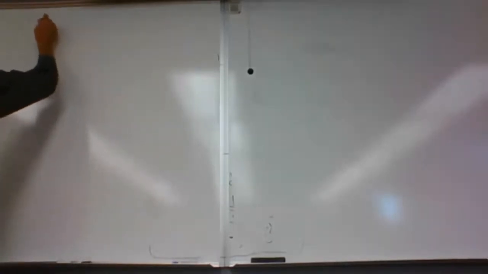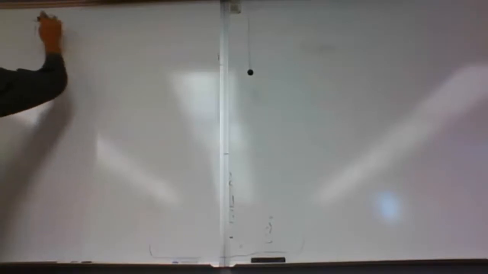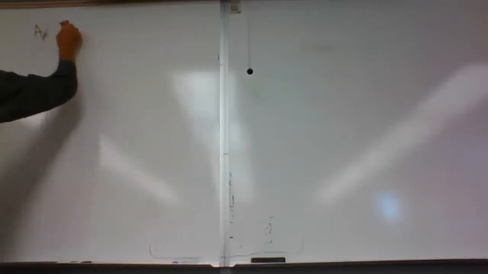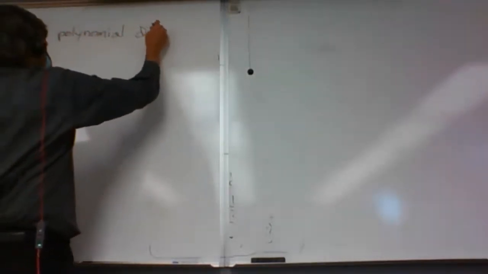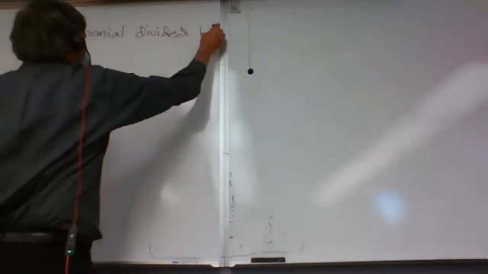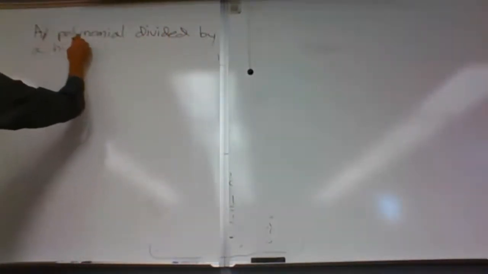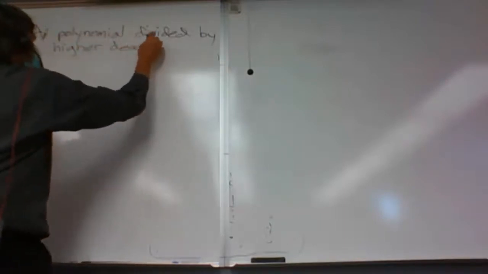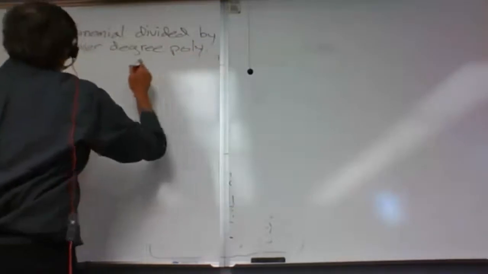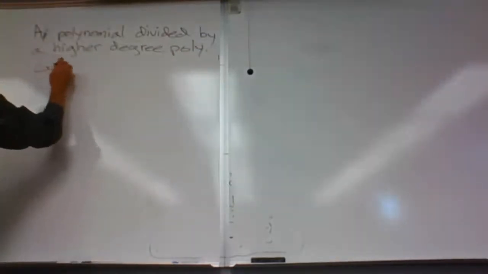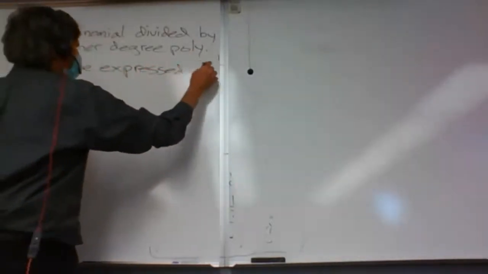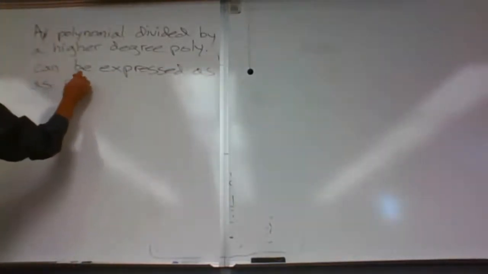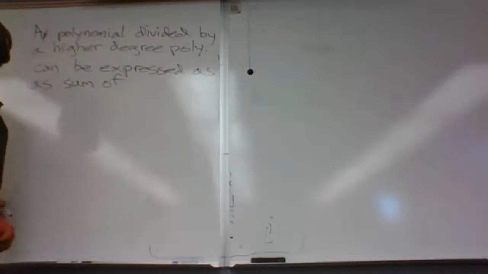Partial fractions said this: an expression that's a polynomial divided by a polynomial, where the degree in the bottom is higher, can be re-expressed as a sum of terms that correspond to the factors of the denominator only.